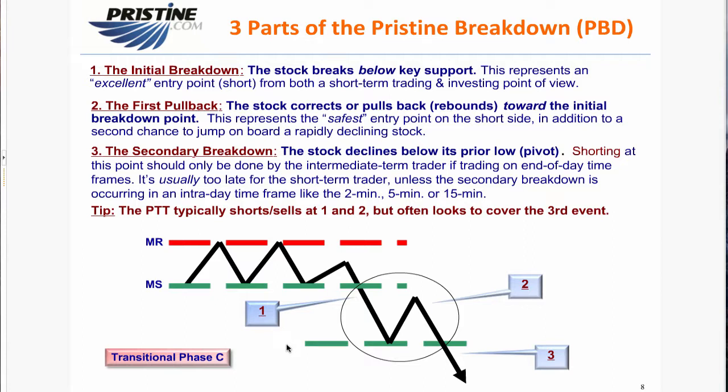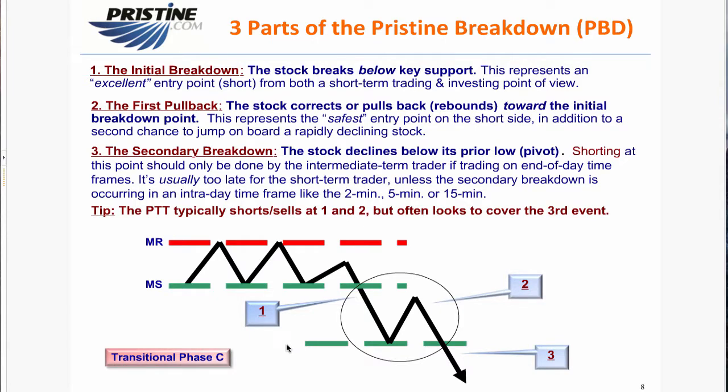You could say, hey, I see the secondary breakdown taking place. I know that it has room to move lower. Maybe I'll buy some puts. Right? So that's another option that you do have, no pun intended, but something to consider. If you don't want to just play the actual stock, you can trade the option there.